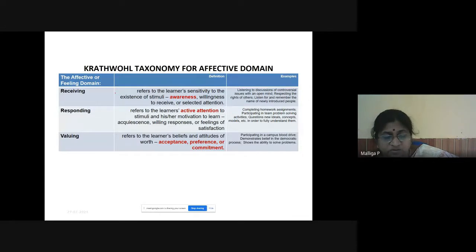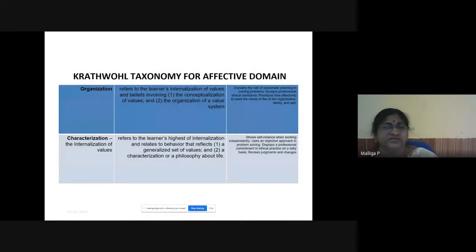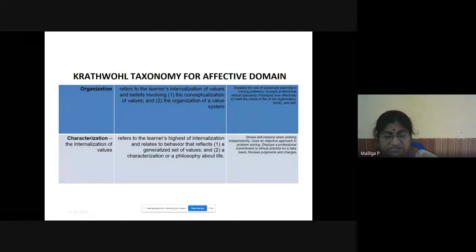So receiving, responding, valuing, and then the next one is organization and characterization. Organization refers to the learner's internalization of values and beliefs. Not only do you do it, you can also advocate or organize things so that you give preference to that value.